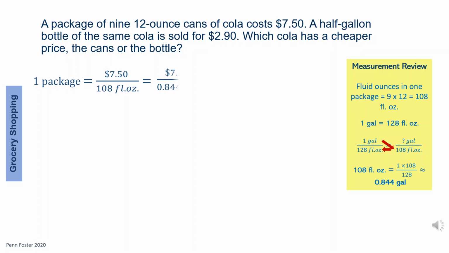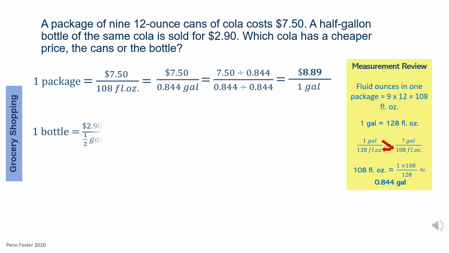Put this answer back in the denominator. Now the unit is set in gallons. Divide top and bottom to get 1 gallon in the denominator. Each gallon of canned cola costs $8.89.